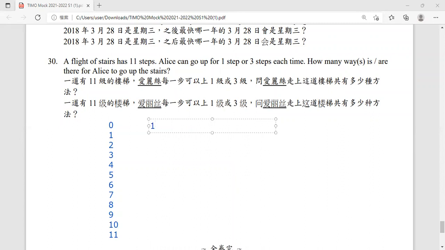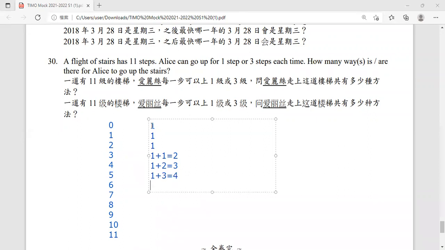We have one method, but this is one of 3 steps. So this is 1 plus 1 is equal to 2. So this one will be 1 plus 2 equal to 3. And the way of doing it is just by adding the last one and the last 3 one. Okay, you just add. So this will be 1 plus 3 equals 4.